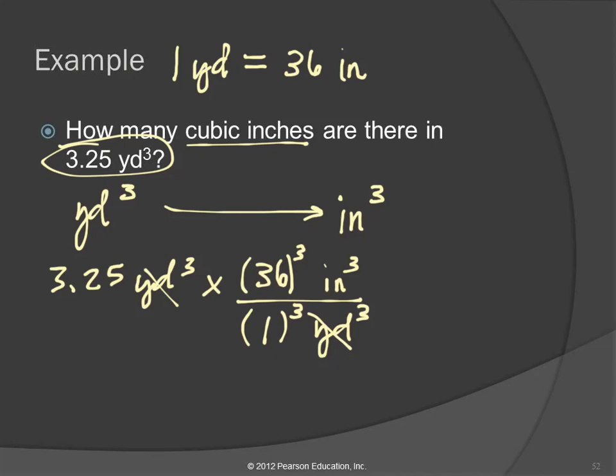So 3.25 times 36 cubed, or you can do times 36 times 36 times 36, you get the same answer. I'm going to get a big number here. 151,632 cubic inches.